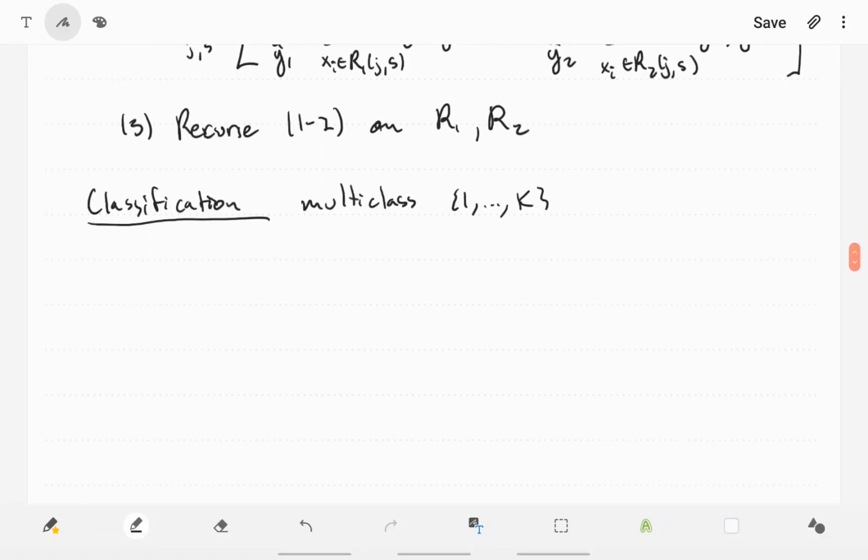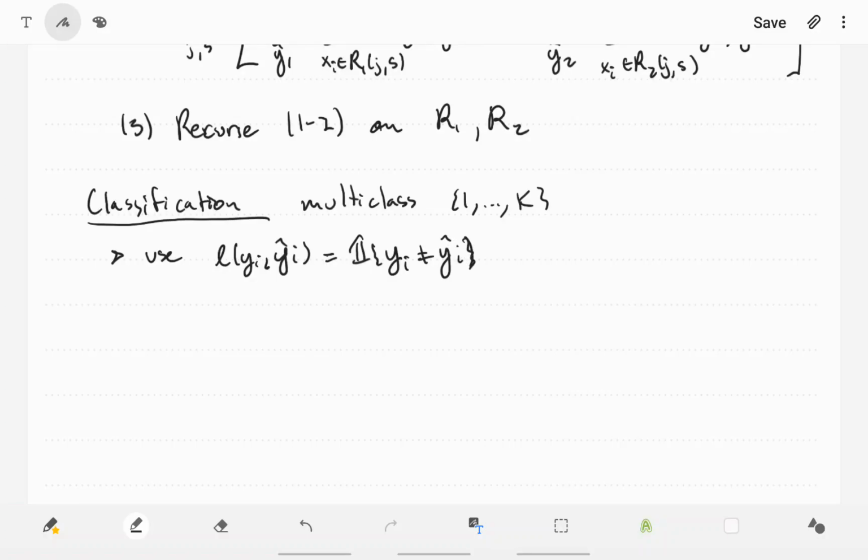Before I think I was denoting it 0 to capital K minus 1, but now there's not going to be a special class at all, so we're just going to say it's 1 to capital K. And then we can use, for example, our loss between y_i and y hat equaling the misclassification indicator, so the 0-1 loss.